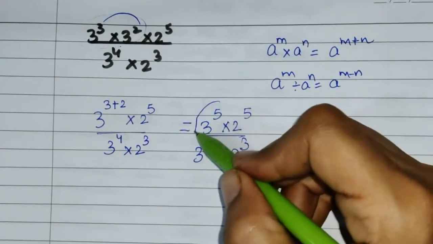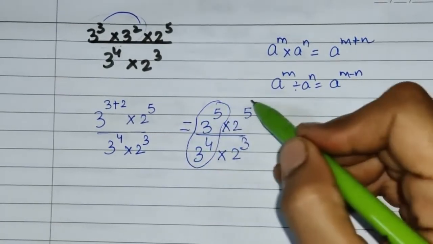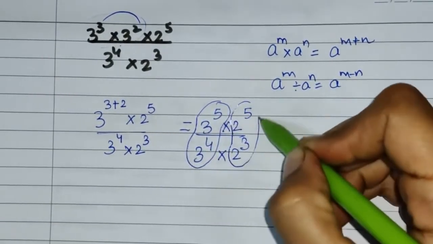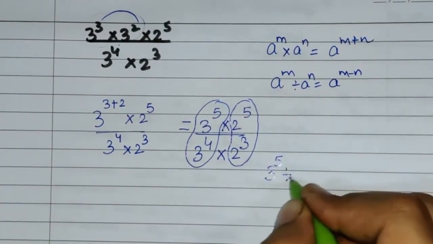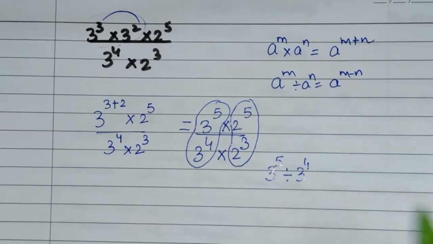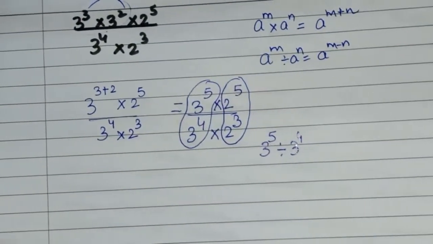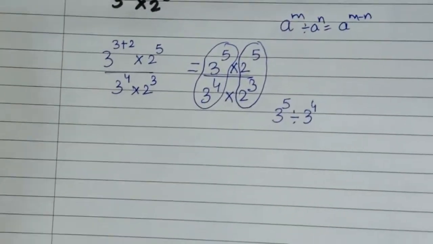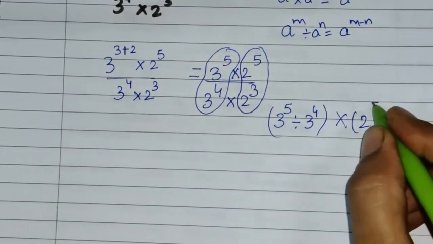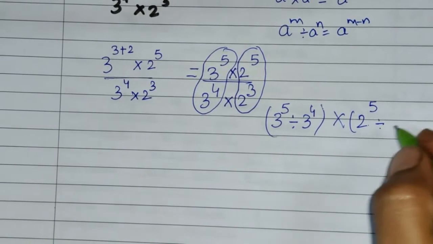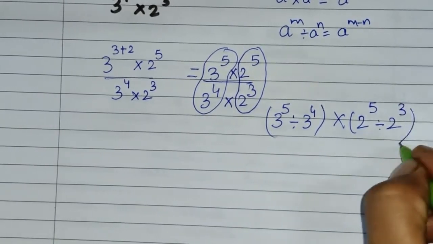Now this is getting divided, this is also getting divided. So can I write like this? 3 raised to power 5 divided by 3 raised to power 4. Then we have 2 raised to power 5 divided by 2 raised to power 3.